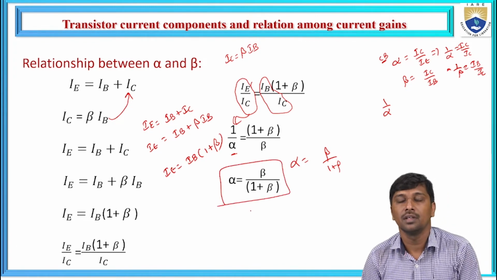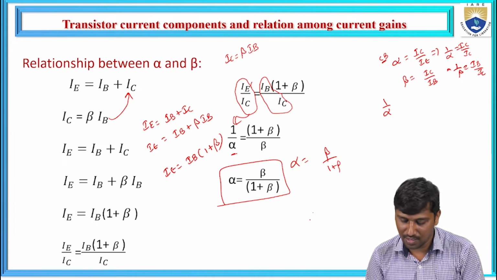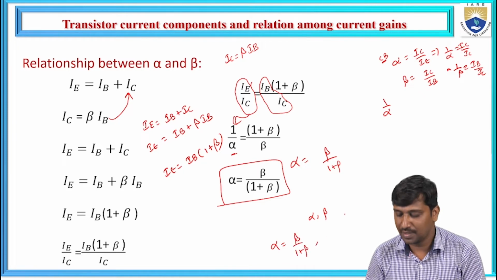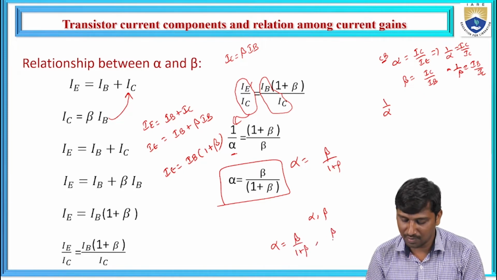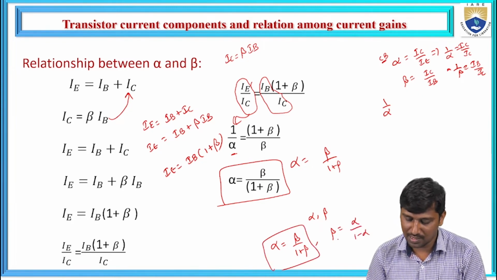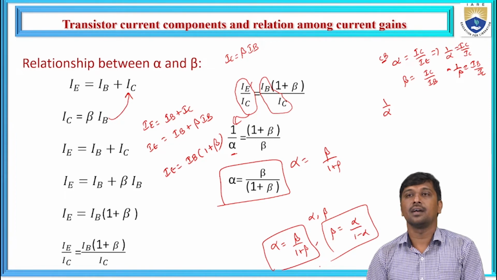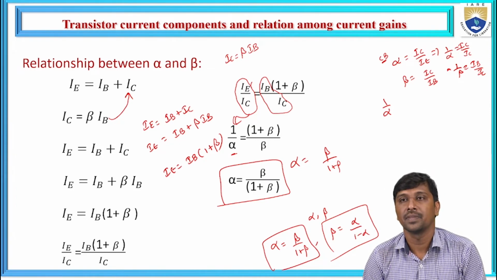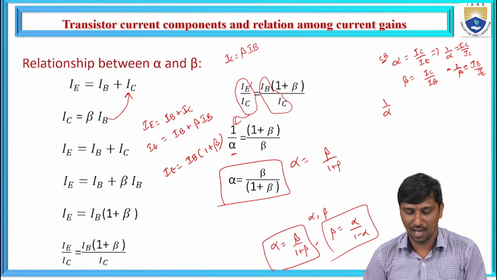Up to this point, we observed the alpha and beta relations: alpha in terms of beta is beta by (1 plus beta), and previously we observed beta in terms of alpha is alpha by (1 minus alpha). These are the two relations between alpha and beta.